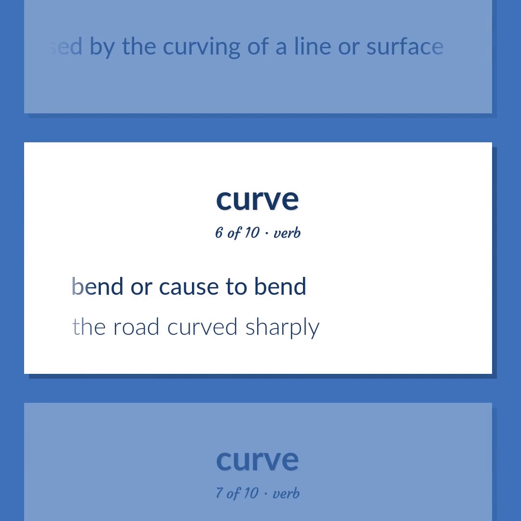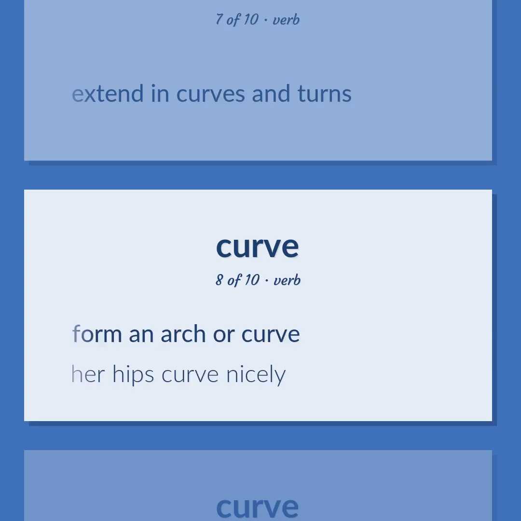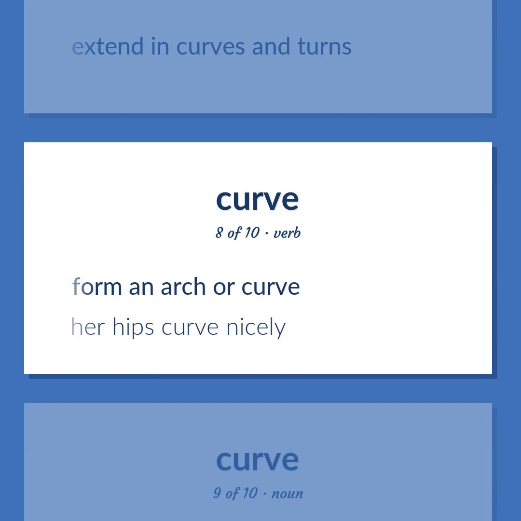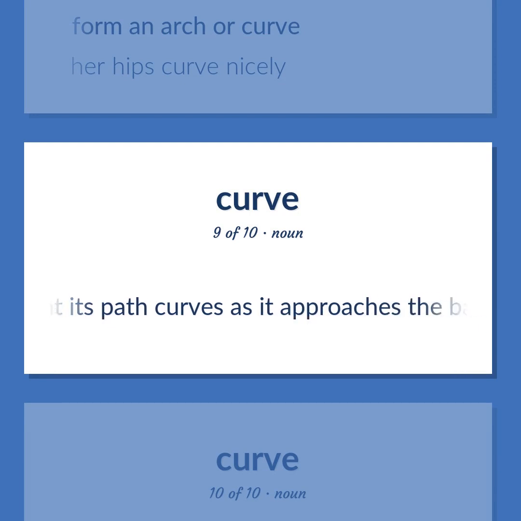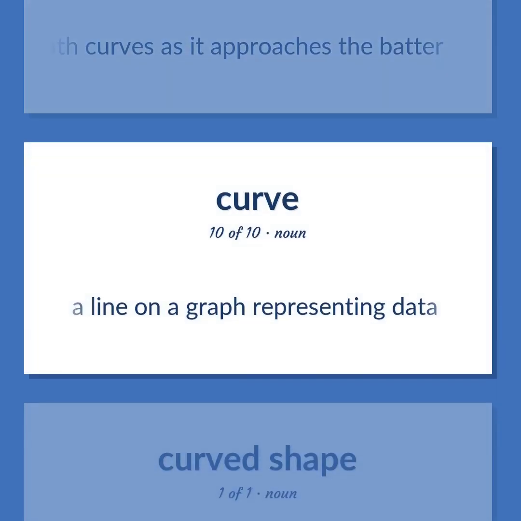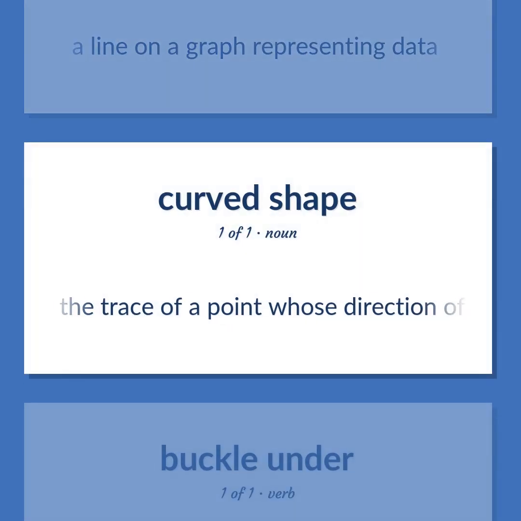The road curved sharply. Extend in curves and turns. Form an arch or curve. Her hips curve nicely. A pitch of a baseball that is thrown with spin so that its path curves as it approaches the batter. A line on a graph representing data. The trace of a point whose direction of motion changes.